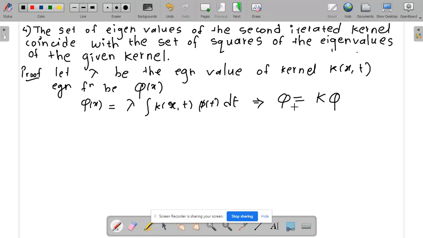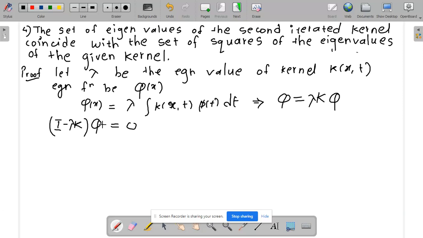Now I will take this to the other side and write it as (I minus lambda K) of phi is equal to 0. I have written this equation in this form, where I is the identity operator. So I of phi is nothing but phi.